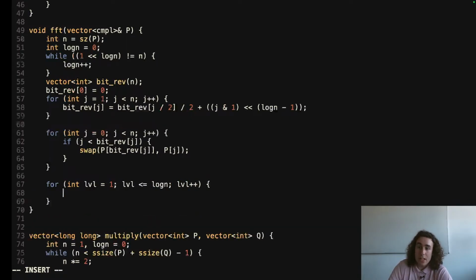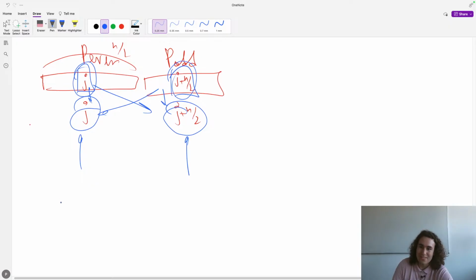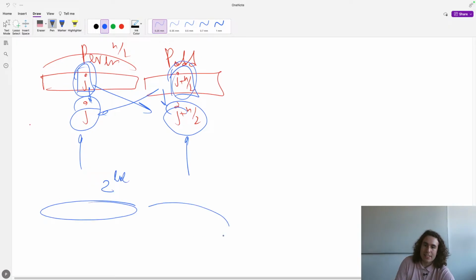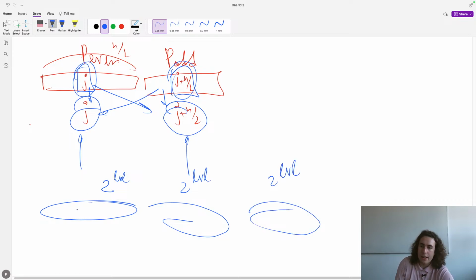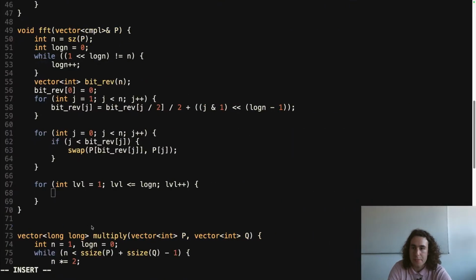And on every level, number level, we have these subarrays of size 2 to the power of level. They are right now split into two halves, and we need to merge these two halves to get the right values there, right?